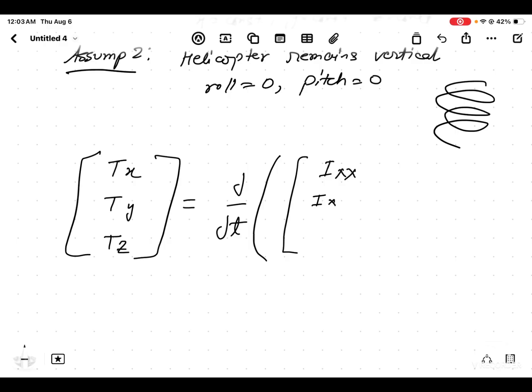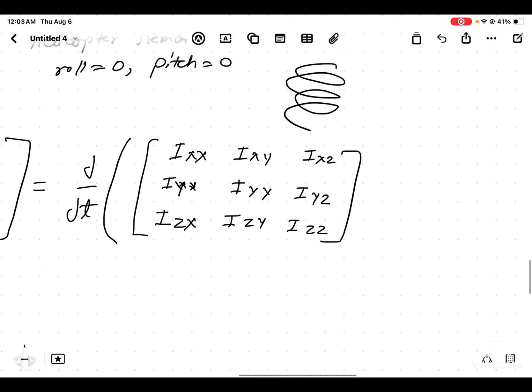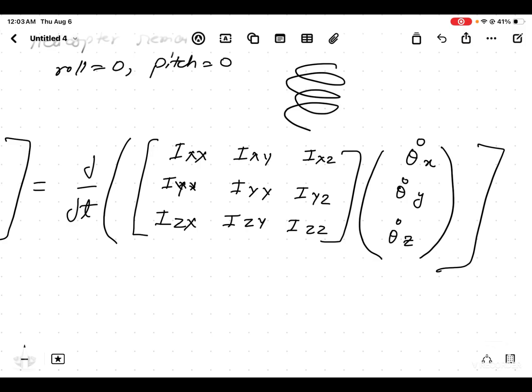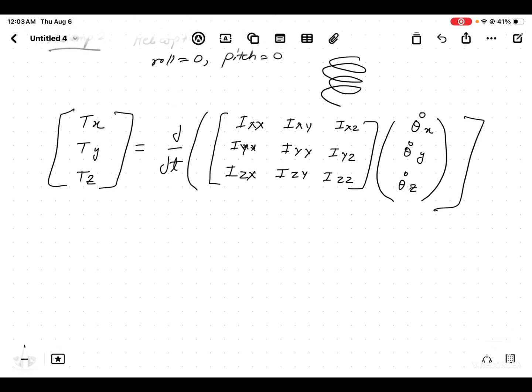These are the moment of inertia values around the axes, and these are the angular velocity about x, y, and z.